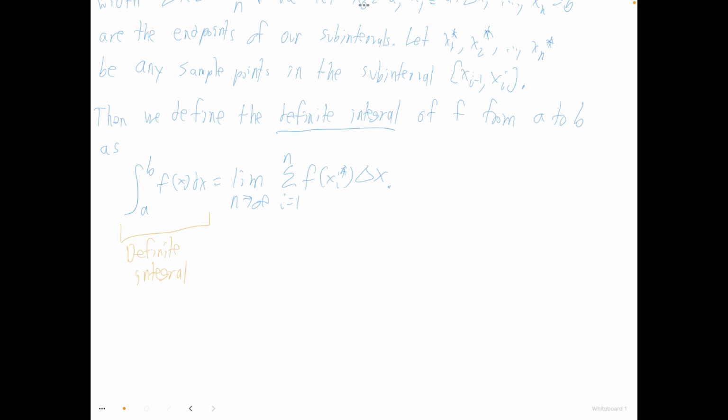Now this assumes that the limit exists and has the same value for any choices of sample points.